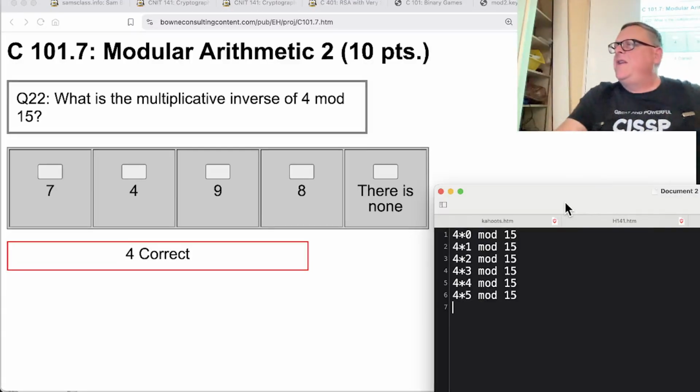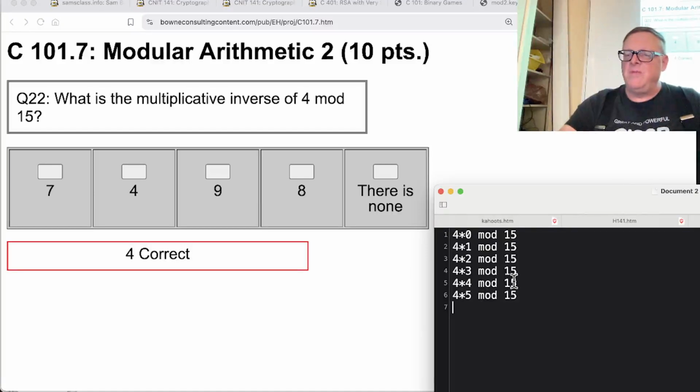Yep, I think you got it there. 4 times 4, mod 15 is 1. So 4 is its own inverse. So if you encrypt by multiplying by 4, you decrypt by multiplying by 4 again.